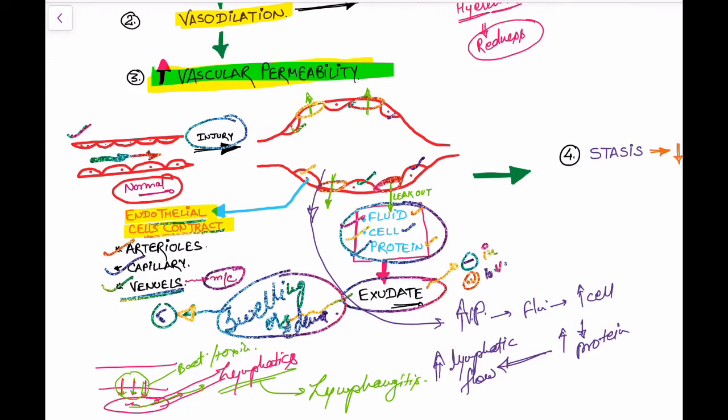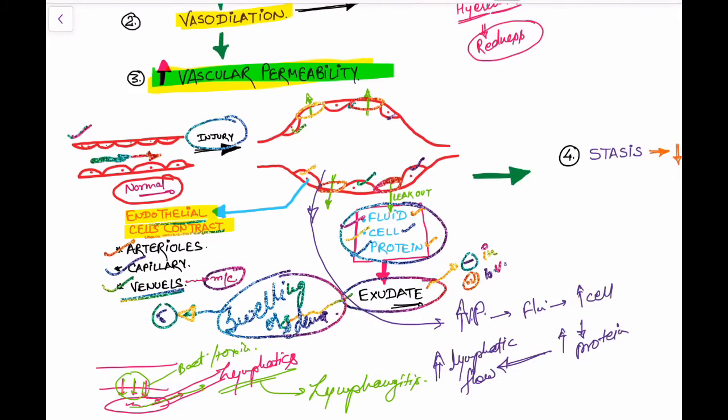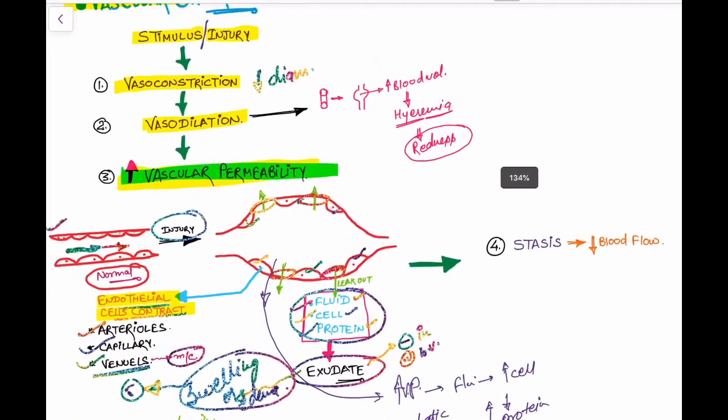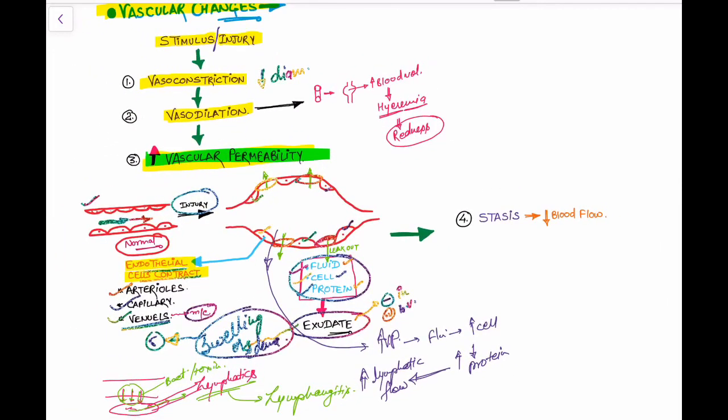The loss of fluid and increased vascular diameter lead to slowing of blood flow, concentration of red cells in the small vessels, and increased viscosity of the blood. That leads to engorgement of small vessels with slowly moving red cells. This is also called stasis.